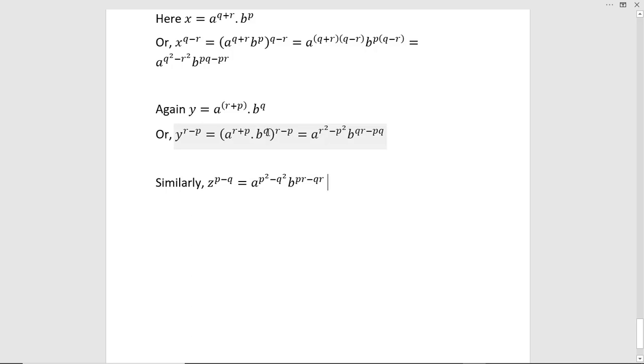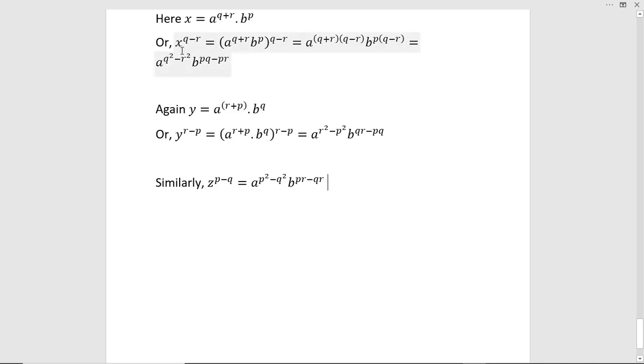Here q was multiplied with r minus p, so r will be multiplied with p minus q. So rp minus rq will be pr minus qr, which will be the index of b.